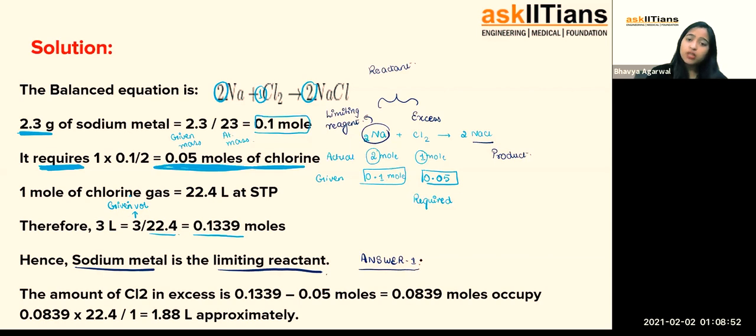The second part was how much chlorine is left out. Now, if it is in excess, of course, it is not reacted completely. Some part of it remains unreacted or left out. Now, how much is the left out amount? For 0.1 mole, if I want sodium to completely react, it will need only 0.05 moles of chlorine.